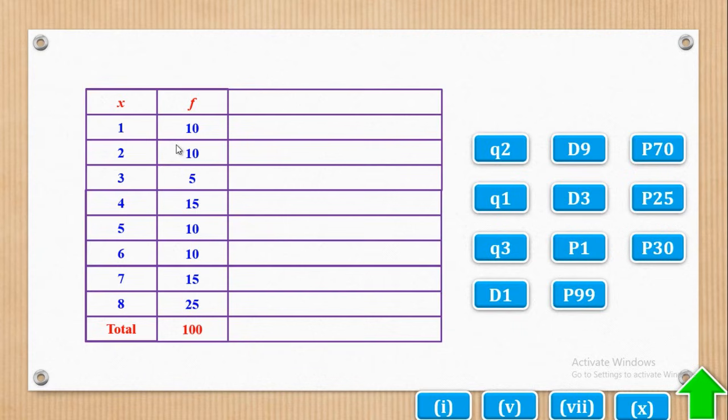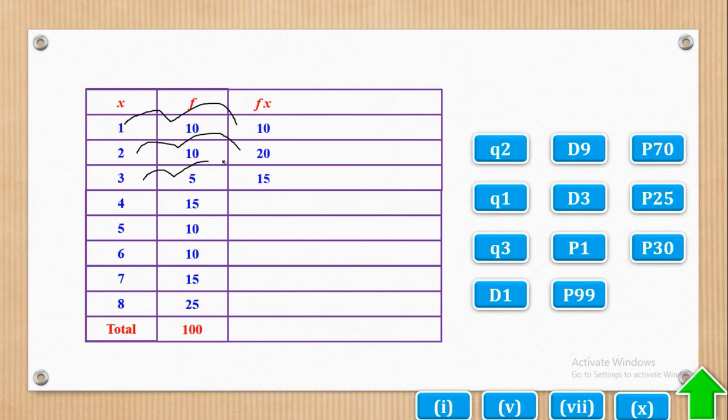Okay, now because they ask for mean, we also need to generate the values of fx. So fx means you will multiply the values of this column with the values of this column. When I multiply this with this, I'll come up with the value here, which is 10. This with this, 20.